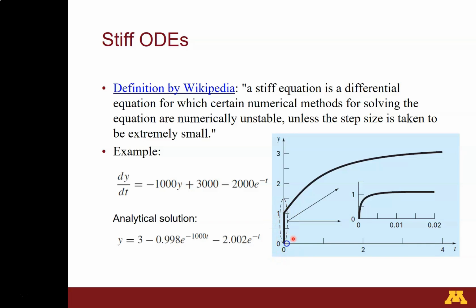Zooming in on this part right here, you see the time is very short, right? From 0 to 0.001. Here, in a very short time, y increases quickly. Very quickly.